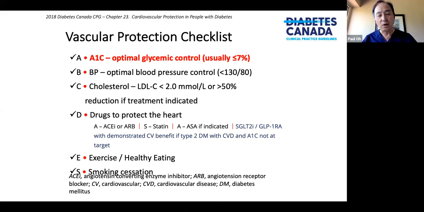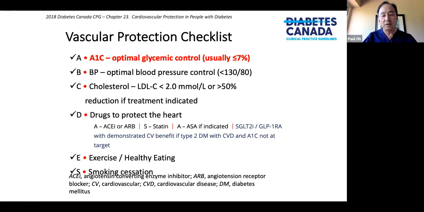Then other therapies that might be part of the armamentarium from a medical sense include therapies we've addressed in other sessions, including approaches to blood pressure control, cholesterol control, and other medicines to protect the heart, such as ACE inhibitors, statins, or aspirin.